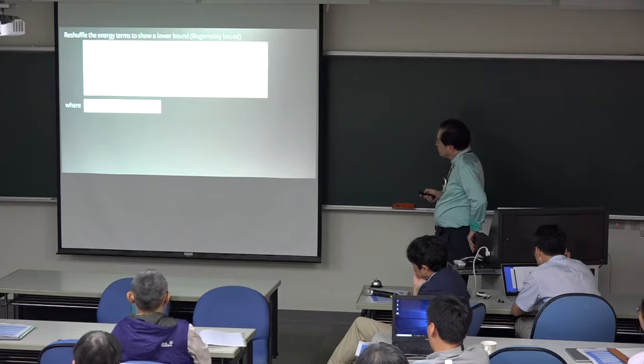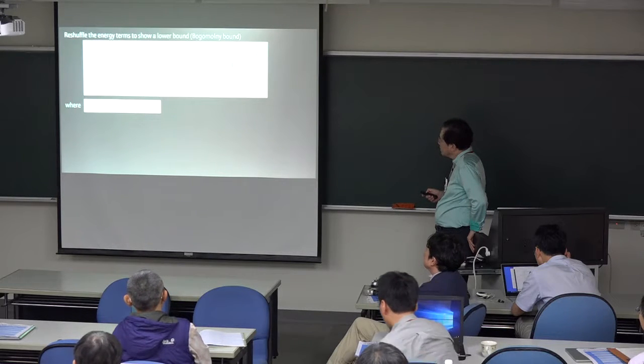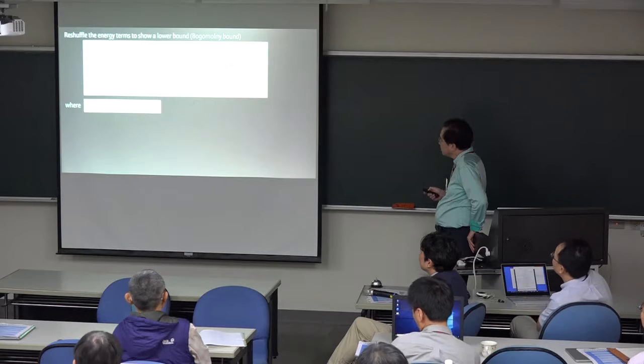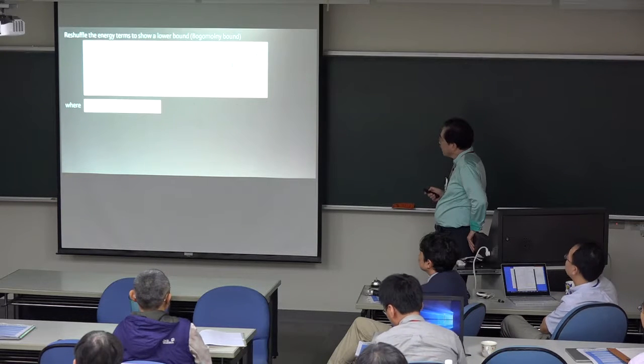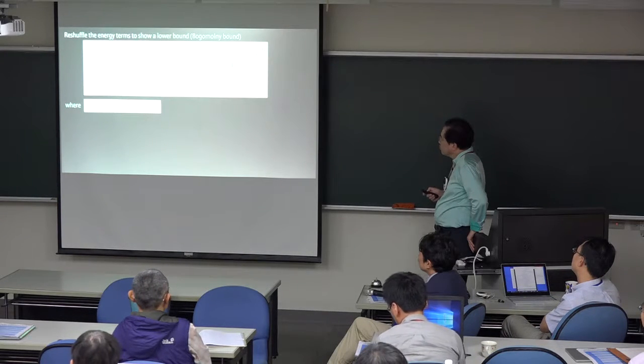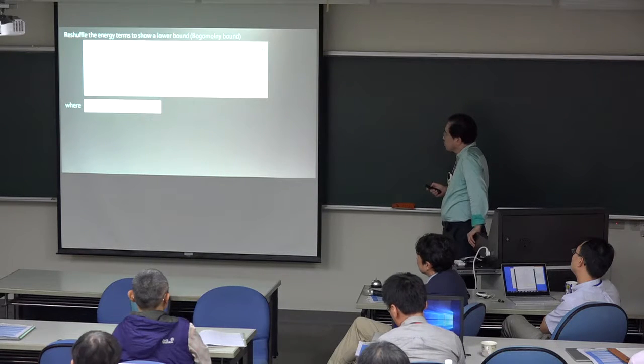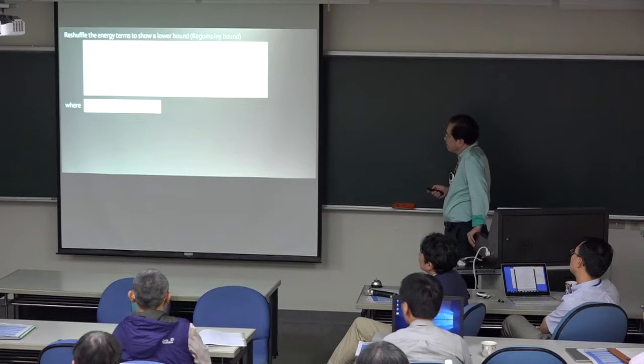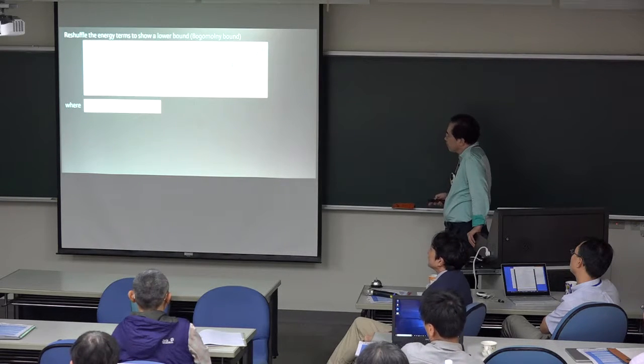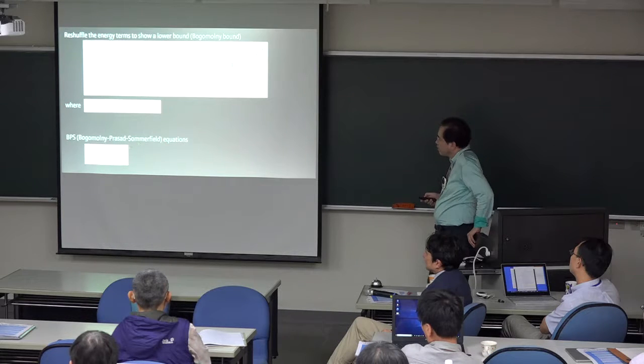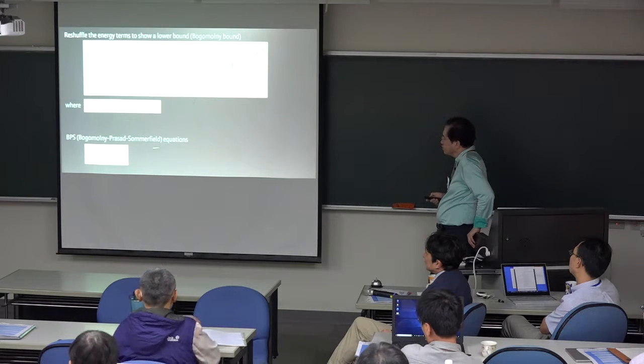And the other terms are positive semi-definite. So to get the object whose energy is bounded by the total rest energy of the objects, these two should vanish. So now you have the so-called BPS equations.